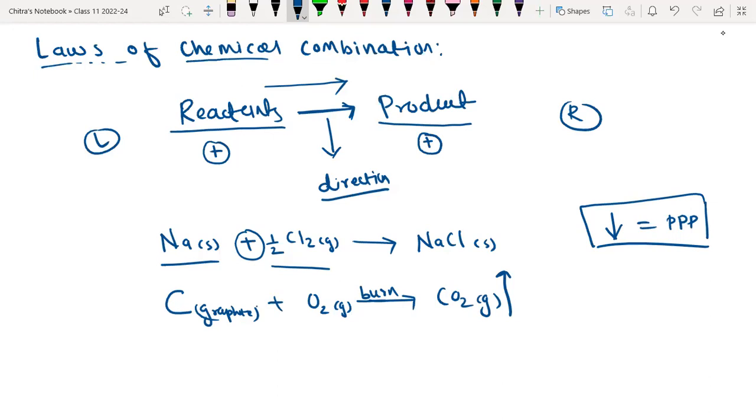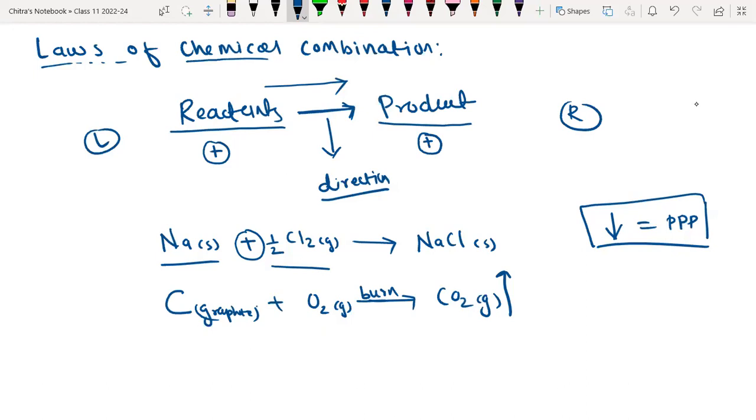Now we are going to learn the first law of chemical combination, which is the law of conservation of mass. I want everyone to take a screenshot of that, then we move further. Done?